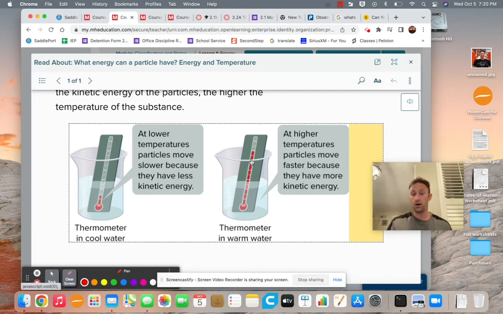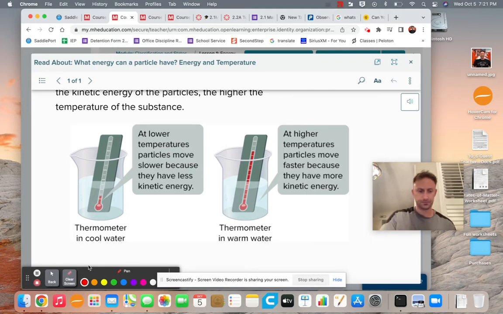If there's hot or warm water, the molecules are moving around, banging against the mercury, and the mercury starts rising. And over here, the thermometer is in cool water, so there's not a lot of kinetic energy, and the mercury is not moving very much.